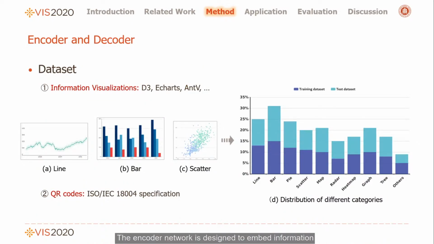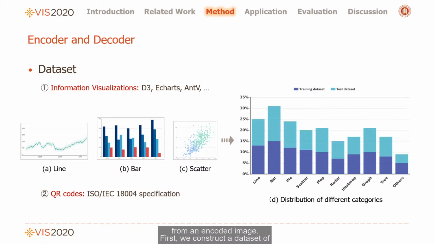The encoder network is designed to embed information within a carrier chart image while minimizing perturbations in the encoded image. The decoder network recovers the embedded secret information from an encoded image. First, we construct a dataset of information visualizations and QR codes.